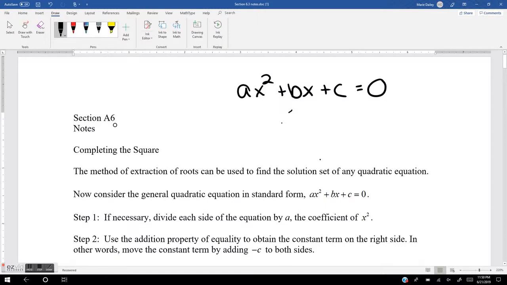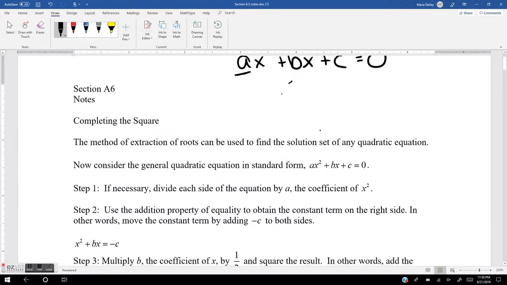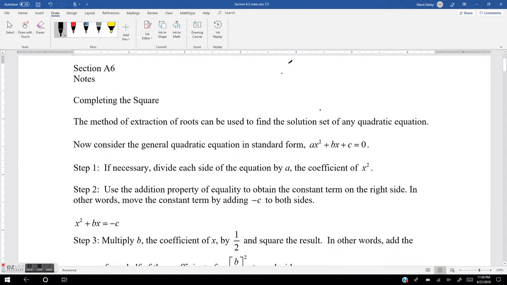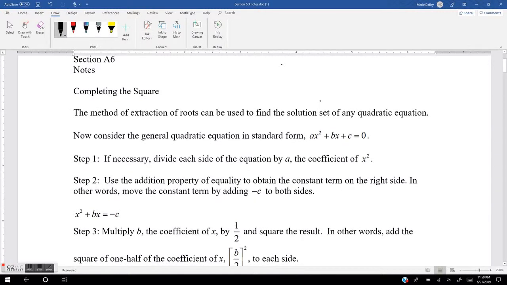Now, when we do completing the square, we want the leading coefficient here to be a positive 1. So our first step is, if it is something other than 1, we are going to need to divide that equation by that coefficient. Step 2, the second step is to move the constant term over to the other side.